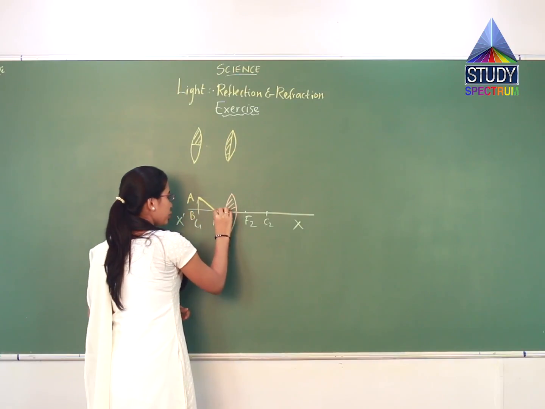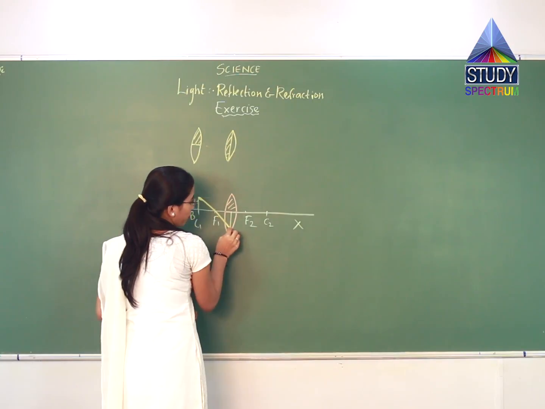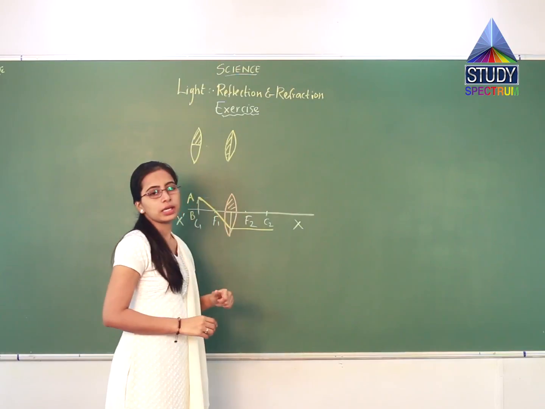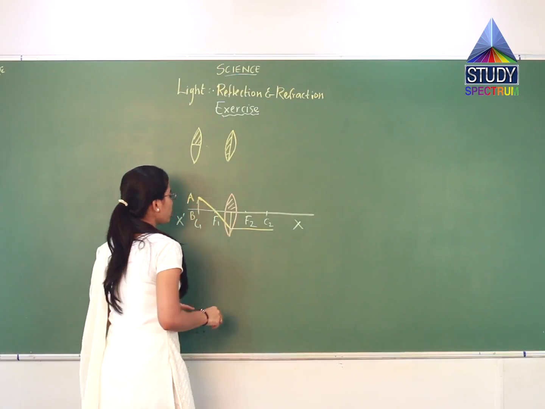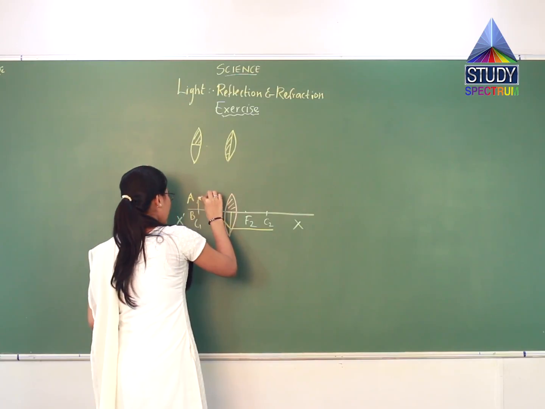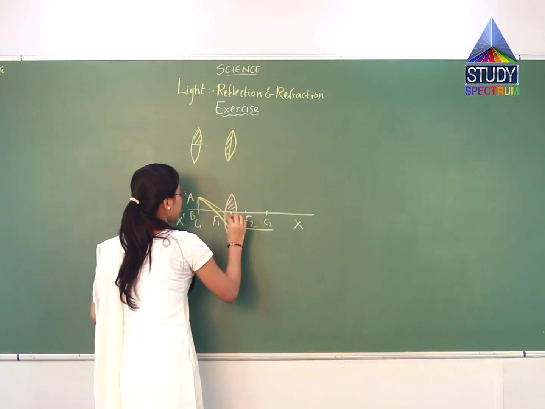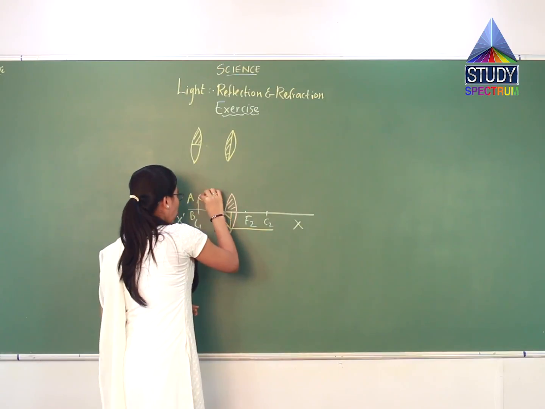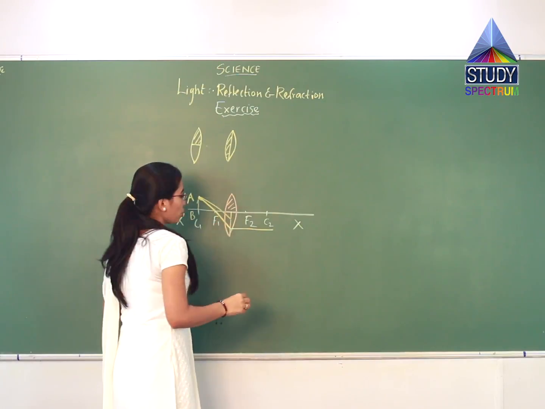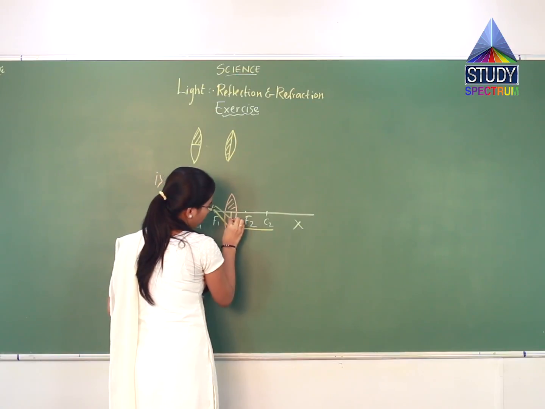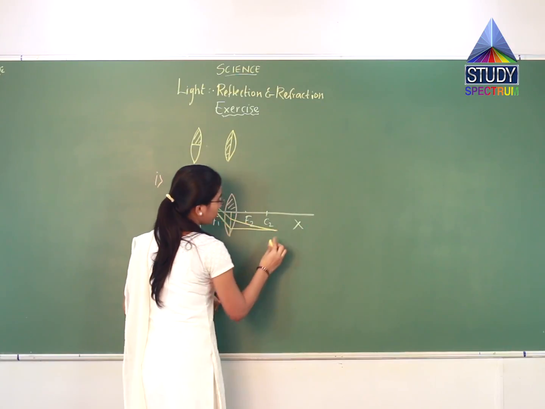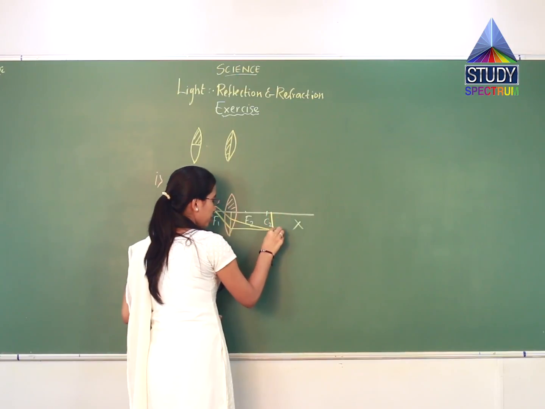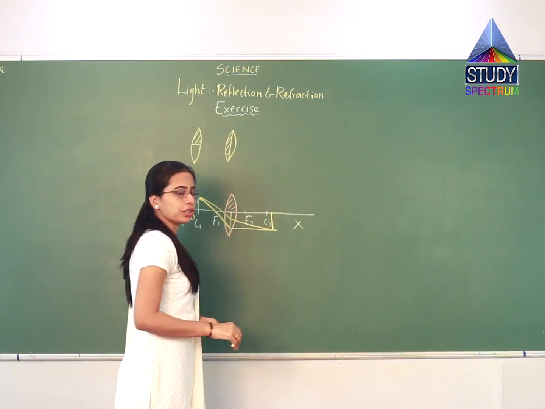So one ray which is traveling through the focus will get refracted parallel to the principal axis, and suppose another ray randomly incident in the oblique direction on the lens, so it will get obliquely refracted like this or something, and accordingly you will get the image here.